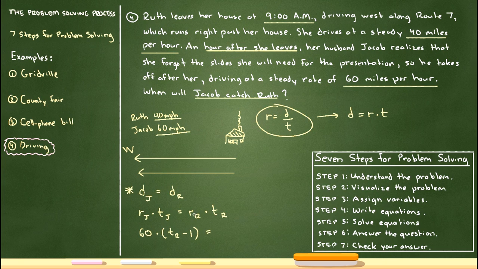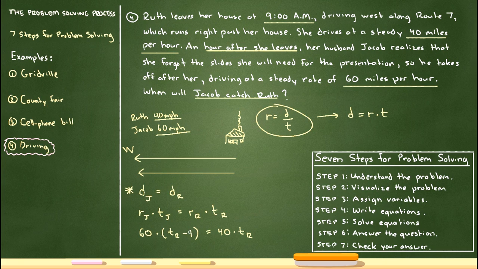Okay, and now this is equal to Ruth's rate, which is 40, times t sub r. You see, the problem here was we had t sub j and we had t sub r, and we had to relate them to each other somehow. Either we could say t sub j was t sub r minus 1, right?